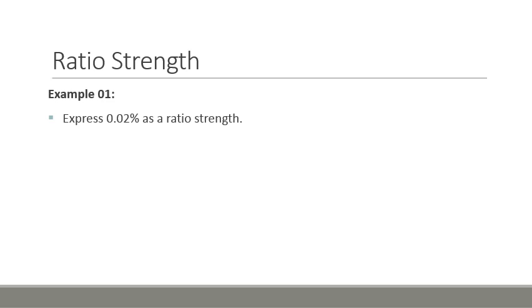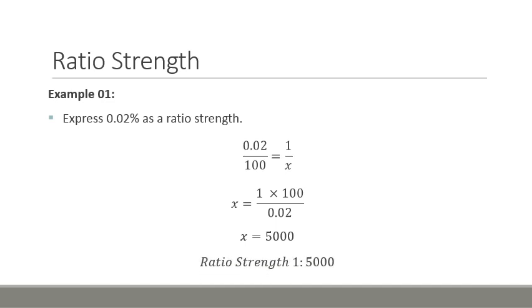If we put it into the proportion formula, 0.02 is 1 part, so for 100 parts, how many parts will be required? So x will be equal to 1 into 100 divided by 0.02. So x will be equal to 5000. So 0.02% indicates one part in 5000 parts of a solution, or 1 is to 5000.